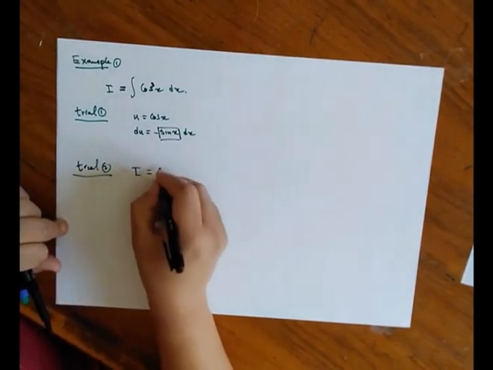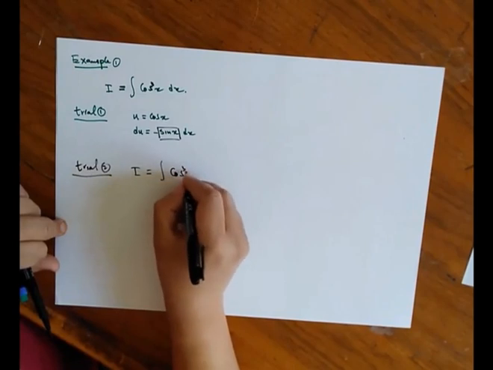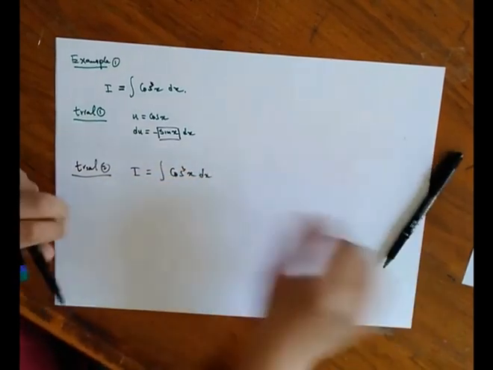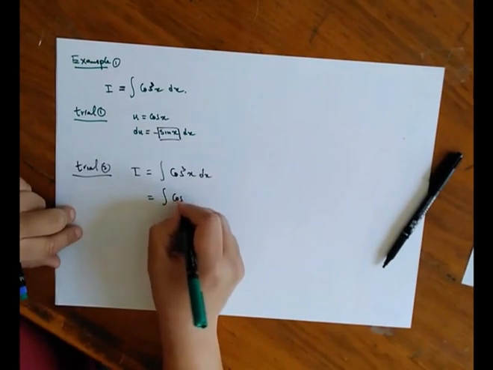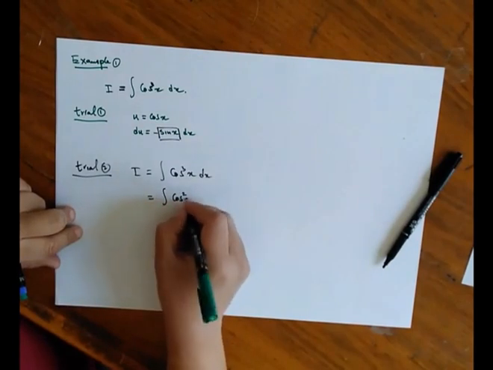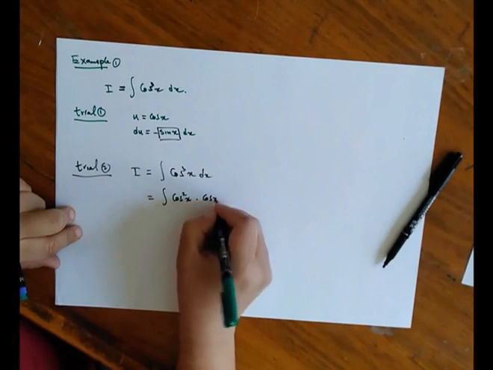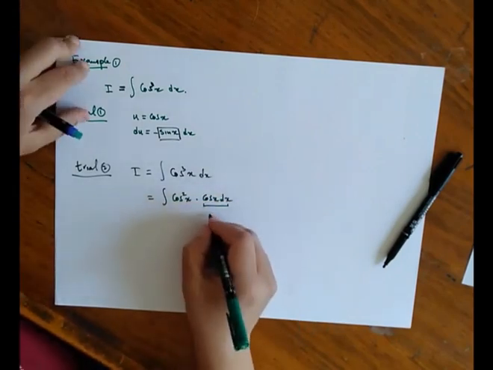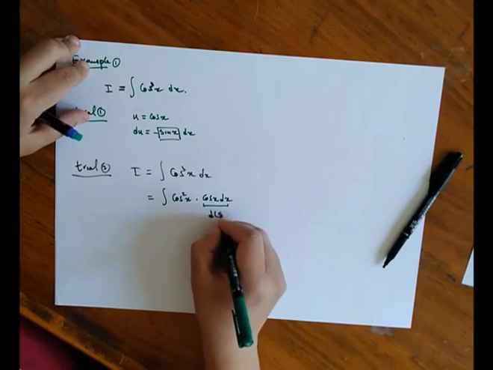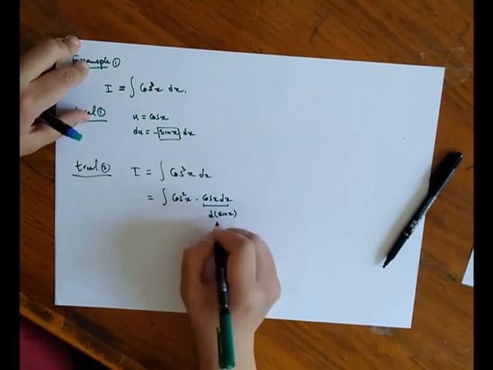So this is our integral, cosine cube x dx. Maybe you could think like this: it's okay if I write it as cosine square x times cosine x dx. Now we can look at this as d of sine x.